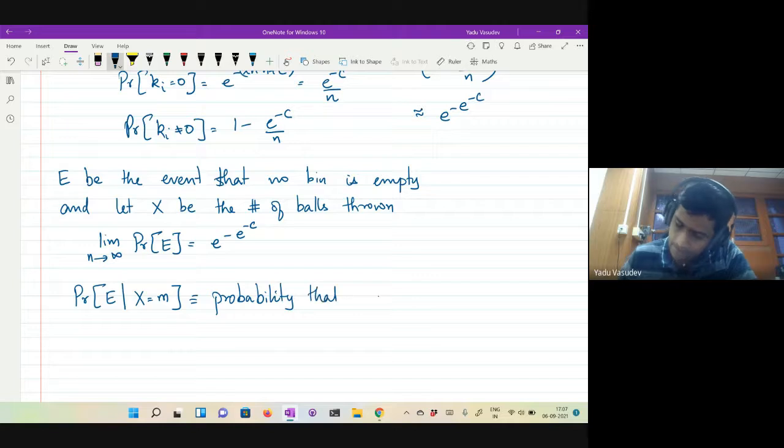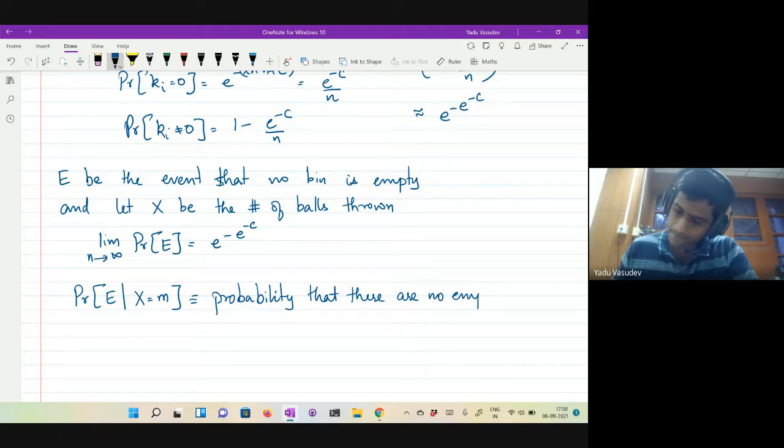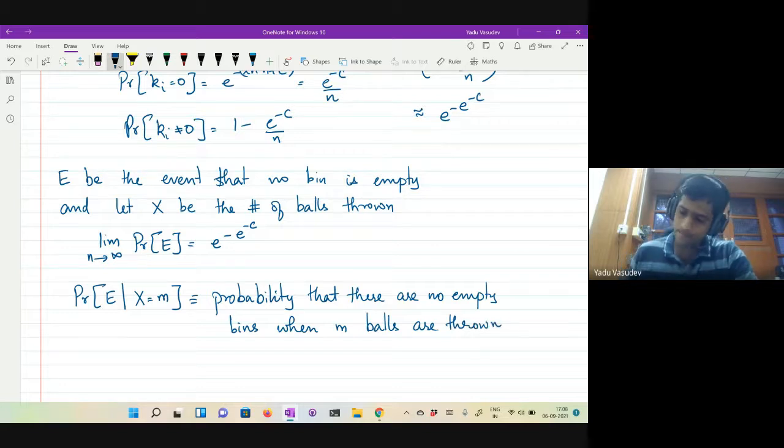equivalent to the probability that there are no empty bins when m balls are thrown uniformly at random. This is the equivalence that we saw last class.